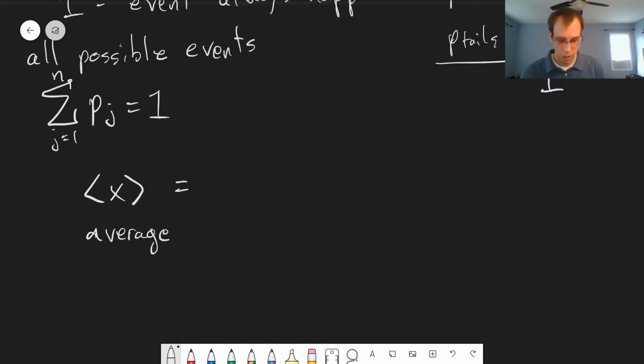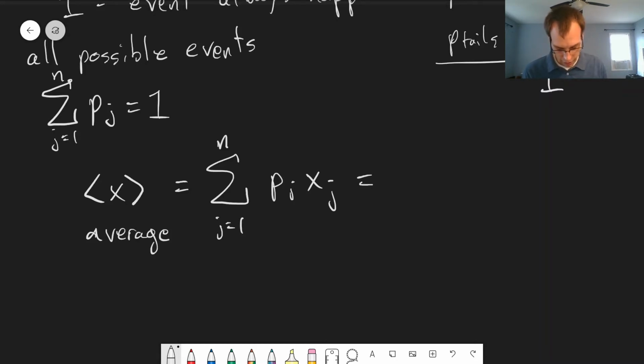We can define this in terms of probabilities. If we add up the probability of getting event J times the value of event J, say if we assigned heads to 1 and tails to 2, for all the different J values that we have, that is our average. So this is a different way to find our averages.